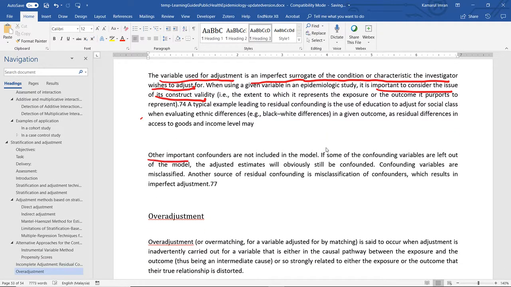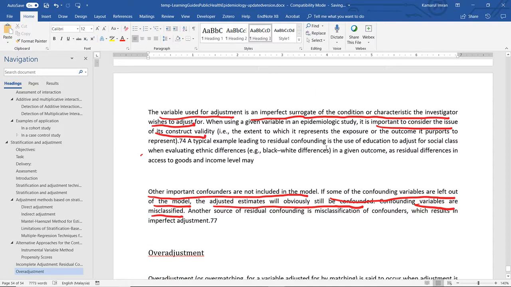Other important confounders not included in the model can also give rise to residual confounding. If some of the confounding variables are left out of the model, the adjusted estimate will obviously still be confounded, or confounding variables are misclassified.